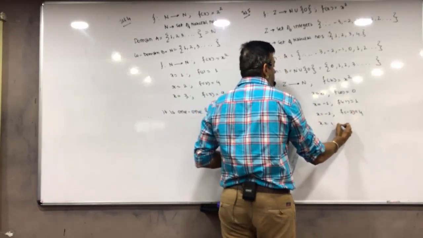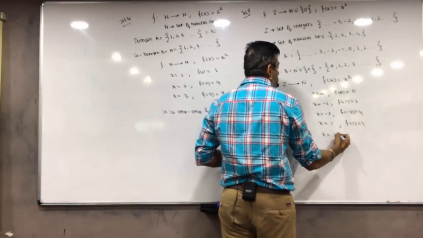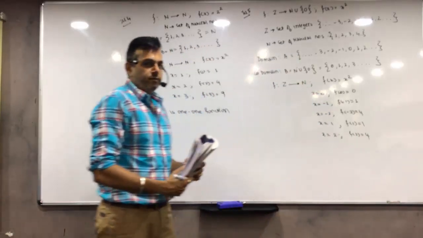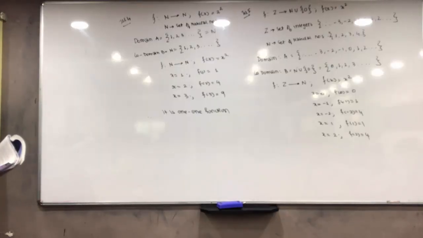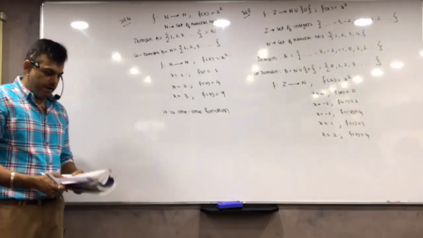X is equal to 1, f of 1 is equal to 1. X is equal to 2, f of 2 is equal to 4. What function is this? Many one.